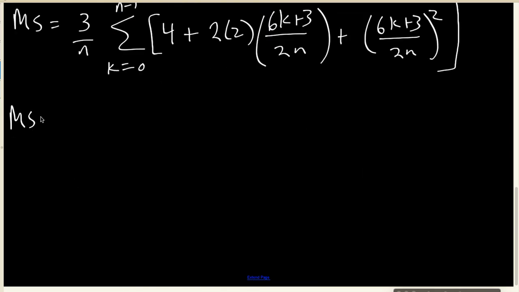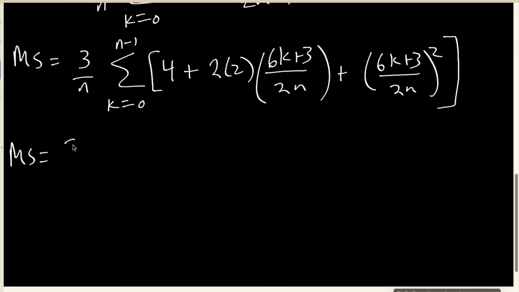So my middle sum is now going to look like 3 over n times the summation as k goes from 0 to n minus 1 of 4 plus.